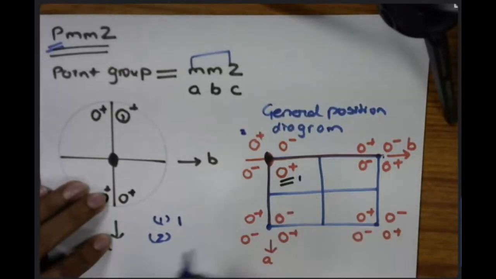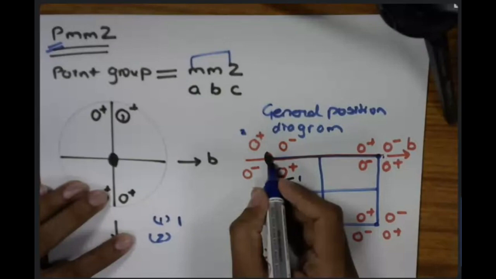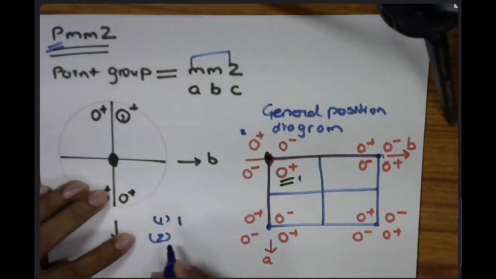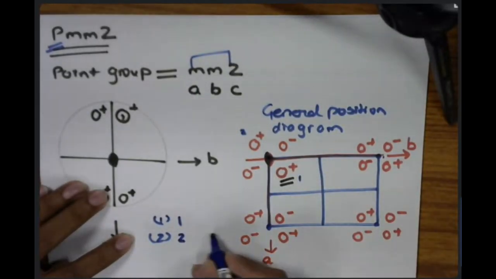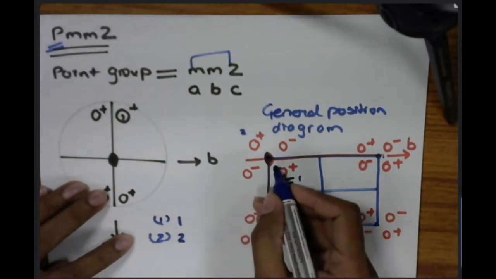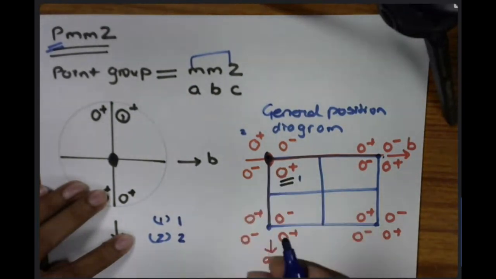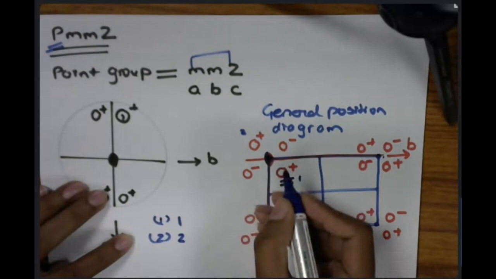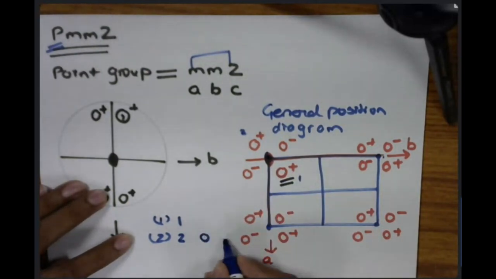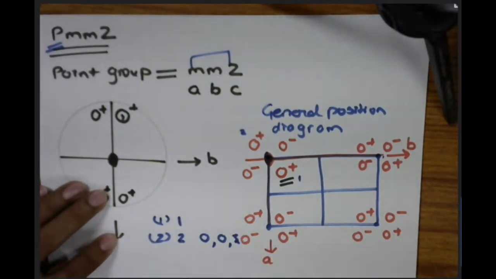This was the first point. Second point one can generate by the operation of twofold rotation along the z-axis. So there is a twofold, but what is the position of this particular twofold? It is along the z-axis, so we will write them as O and Z. That's how one can produce this particular point.